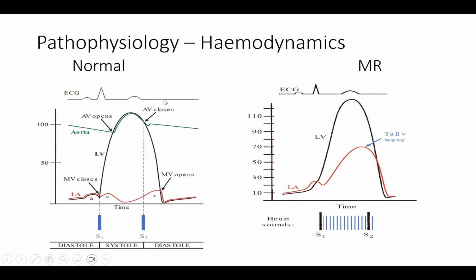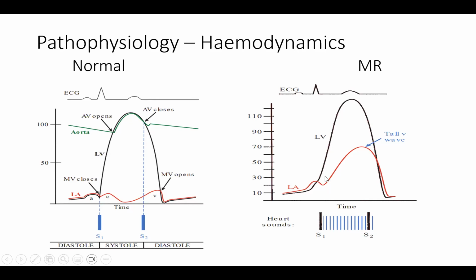So hemodynamics. Again, on the left, we have a normal flow. We have diastole, systole. We have the left atrial pressure, the A wave, the C, the V, and pressure in the aorta and LV, which rises in systole but comes down and almost equilibrates with the left atrium in diastole.